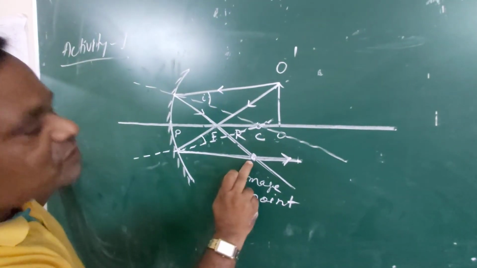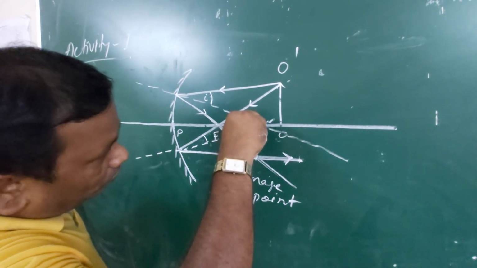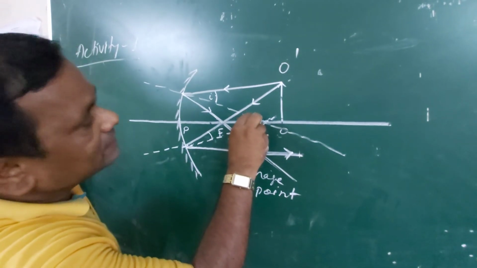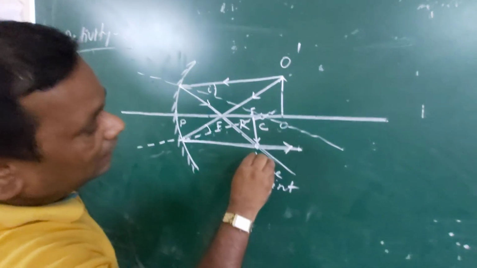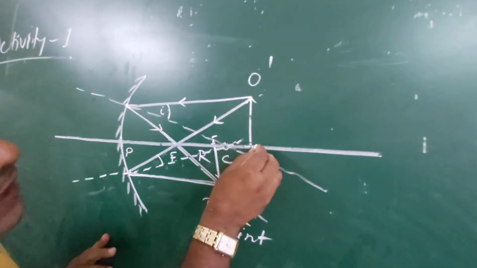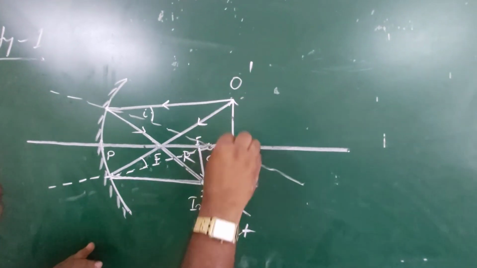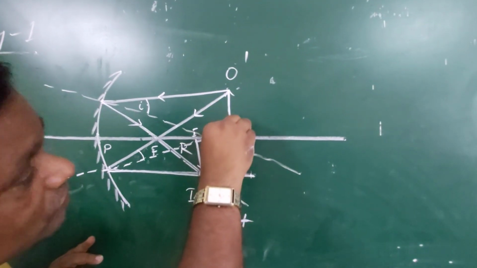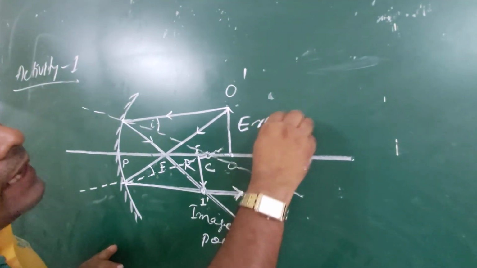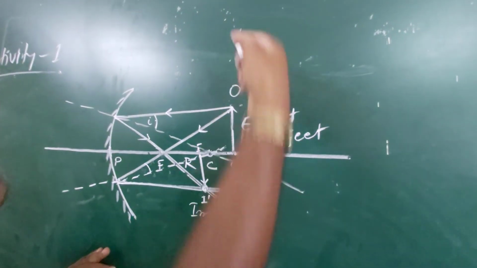From the image point to the principal axis, when you draw one line, then this is called the image of the object, I and I dash. It is the image of the object. Just see here, the object is above the principal axis, O and O dash, right? So this position of the object is called an erect object because the object is present above the principal axis.